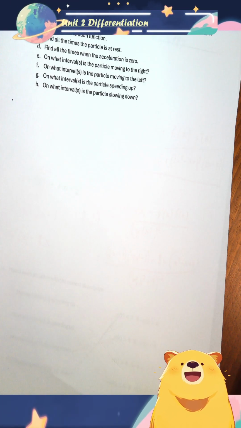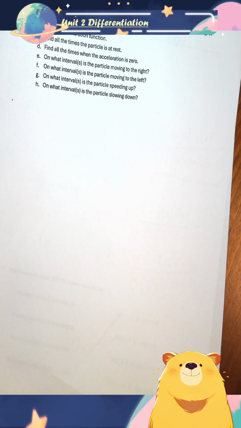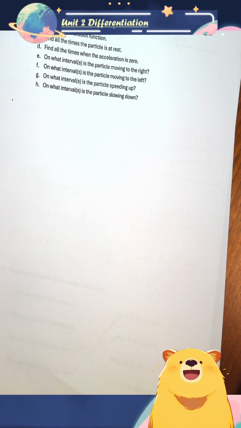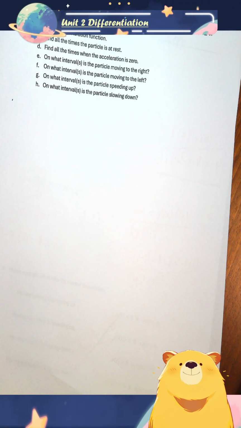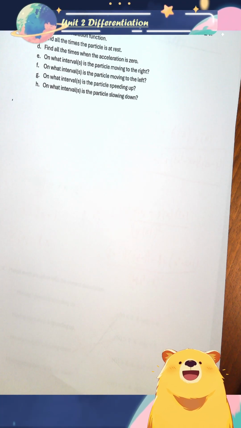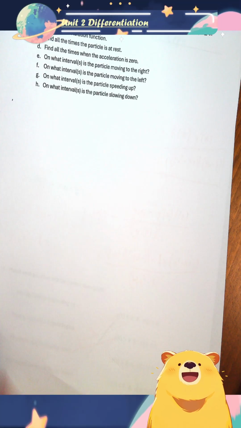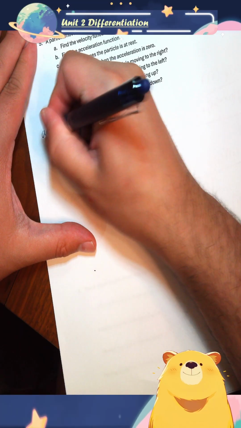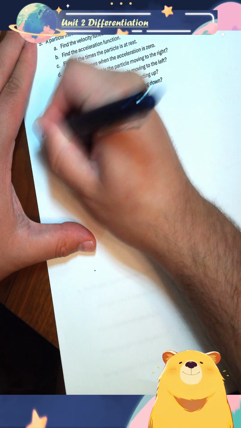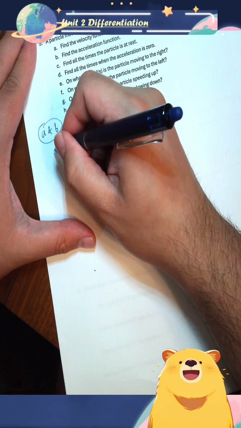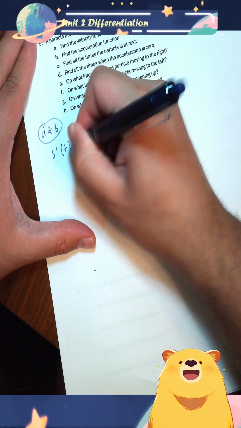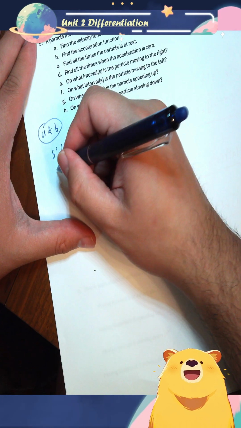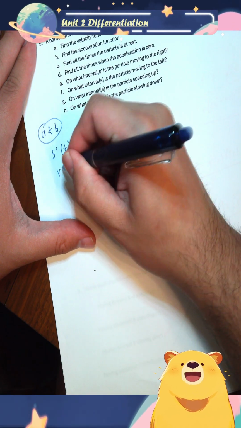are all of the featurettes of using the number line that we did in our notes. Let's go ahead and just go piece by piece. I'm going to do A and B first. So we have the derivative of s of t, which we know is the velocity.